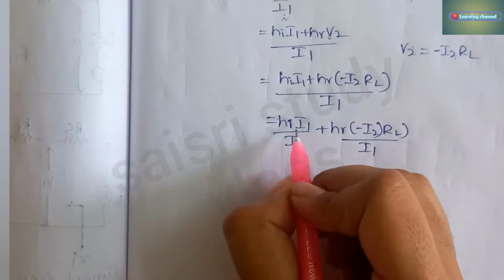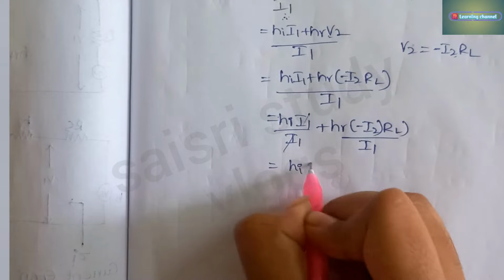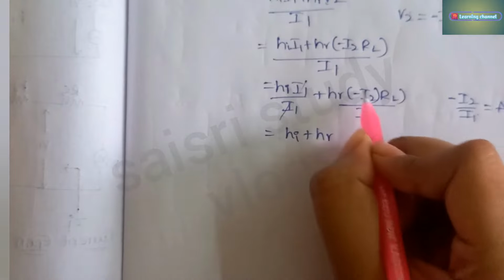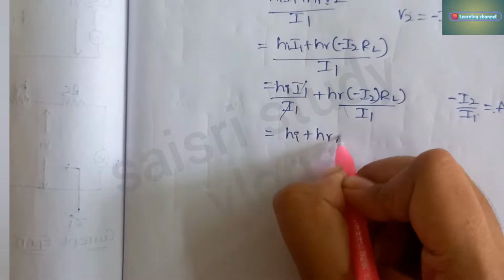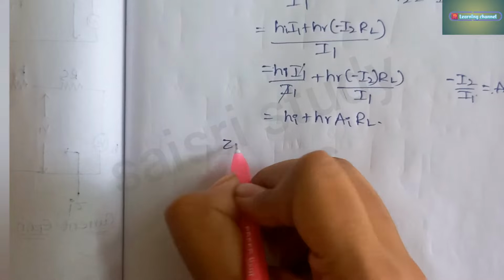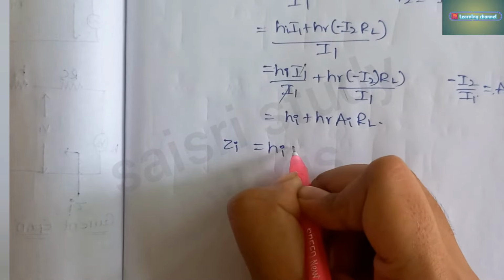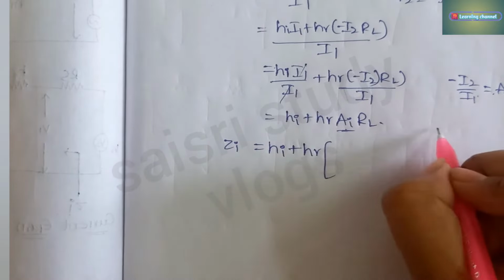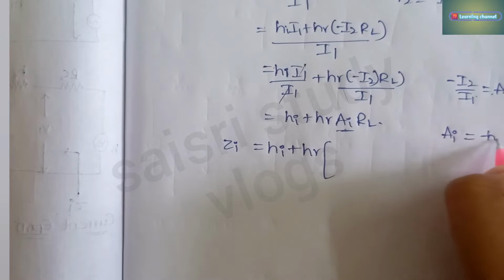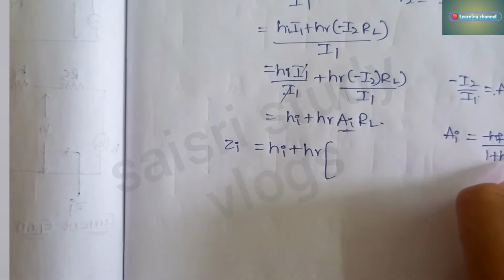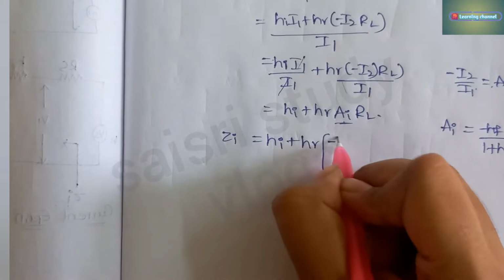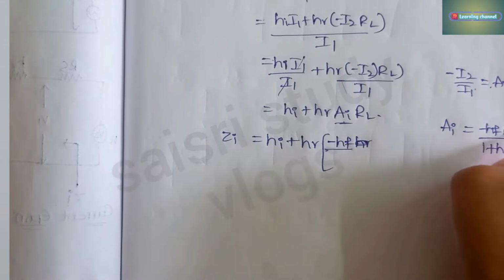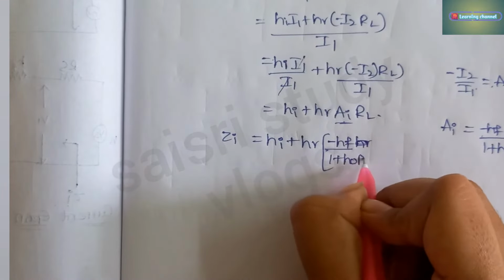I am just splitting the terms. So I1 cancels, HI plus HR times minus I2 by I1, which is equal to AI. So in place of this I am writing AI RL. Now ZI is equal to HI plus HR AI RL. We already know the value of AI. In the current gain we got AI is equal to minus HF by 1 plus H naught RL. Substituting that value, HI minus HR HF RL by 1 plus H naught RL.